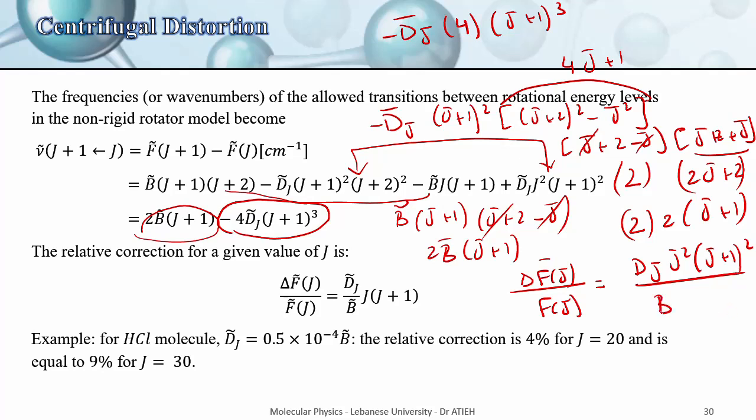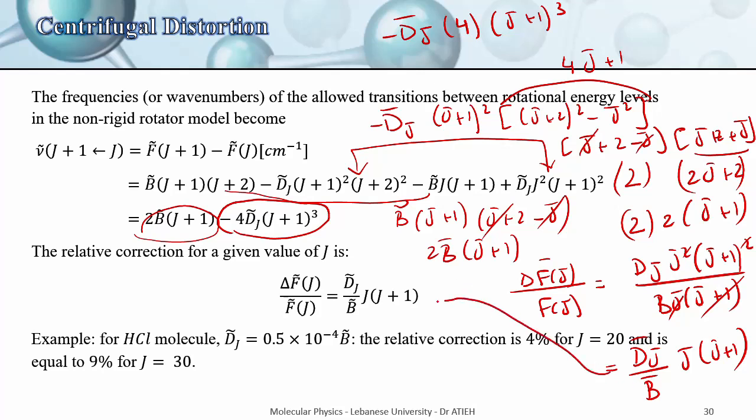It was B J (J plus 1). So J with J cancelled, J plus 1 with J plus 1 cancelled, we are left with D bar over B bar (J plus 1). And as you can see, we have the same result as here.